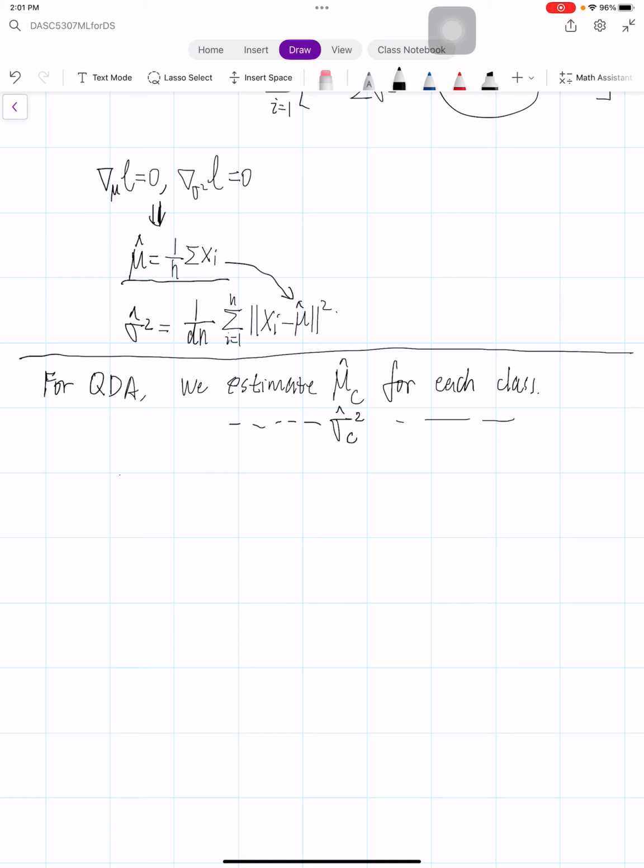And for the prior probability, we just use the sample proportion: the number of data points in class C divided by the total sample size.